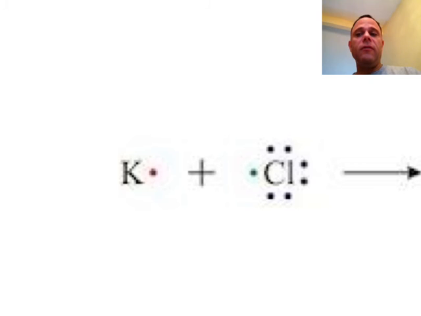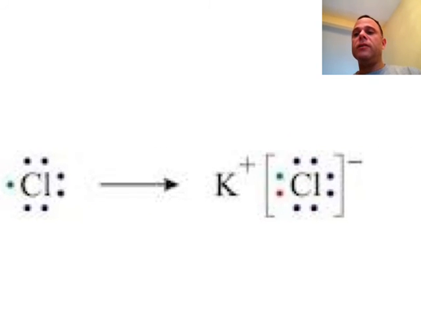Potassium has 1 valence electron, so it only has 1 dot, while chlorine has 7 valence electrons. So we do know that the valence electron from potassium is going to move over to join the valence electrons of chlorine to stabilize both at the same time. And what does that look like when that happens? Well, we then draw it like this.